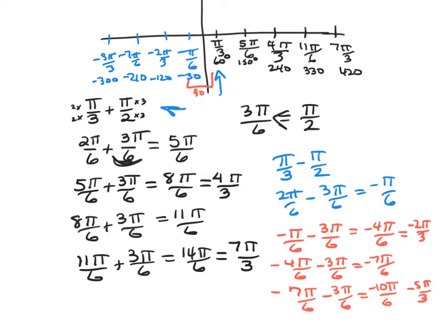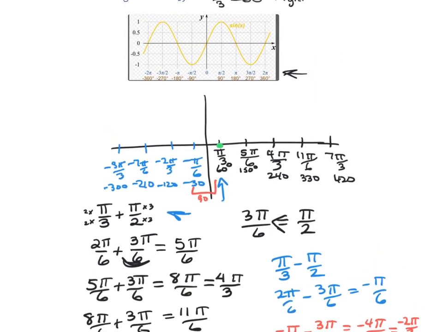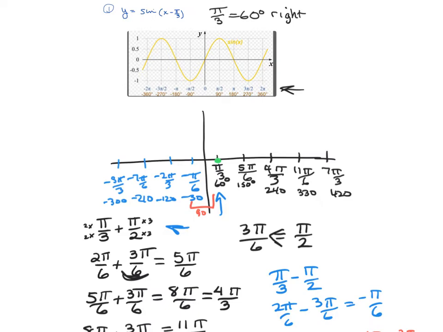I'm going to start over here. I've shifted it right. Let me do it in green so we can see it. So this is where I'm starting. I'm starting 60 units to the right, and now I'm going to start my pattern. There was no negative amplitude. The sine graph normally goes up. There's no amplitude either, so let me add in a 1 here and a negative 1.